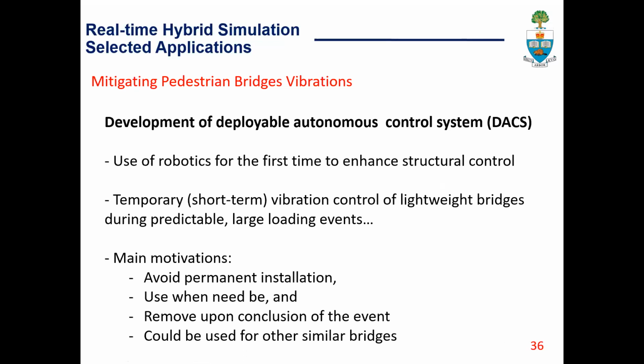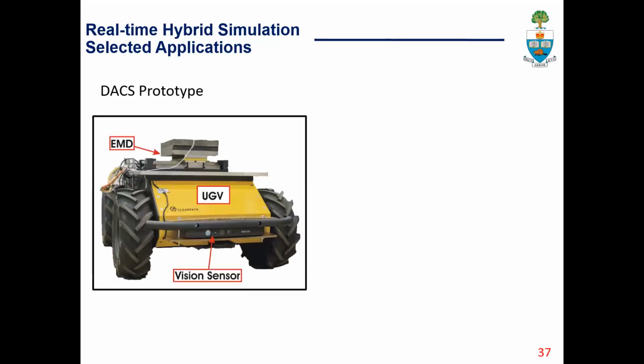They will activate the control force and they'll try to reduce the vibrations. And the main advantages include the fact that you don't need to introduce a permanent installation. You can remove these devices from your structure after the event ends, and you can use the same device in different bridges.